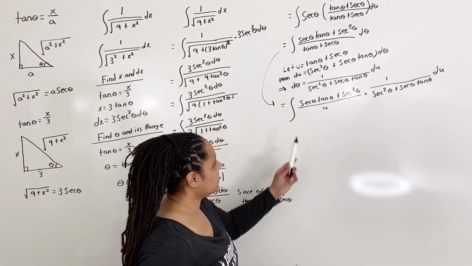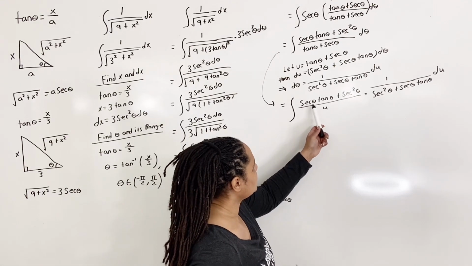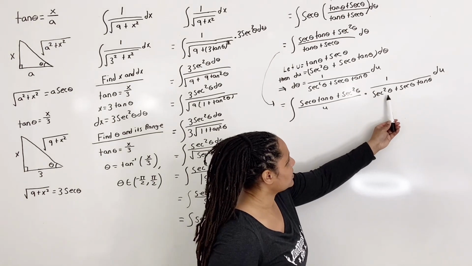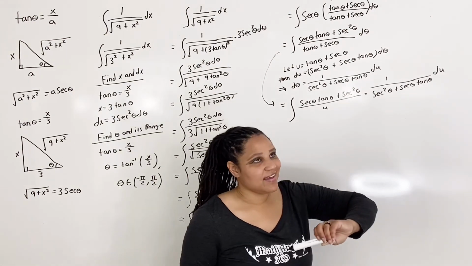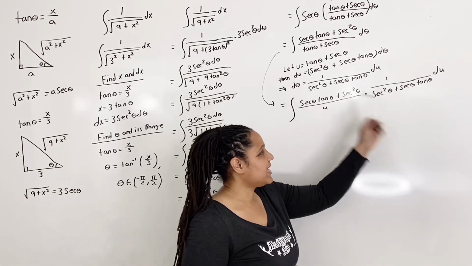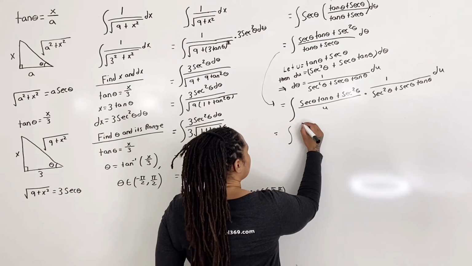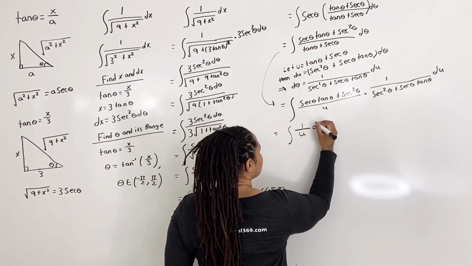And notice we get a cancellation. We have secant squared theta plus secant theta tan theta in the numerator and in the denominator, so they can cancel. So now we have that this is equal to the integral of 1 over u du.